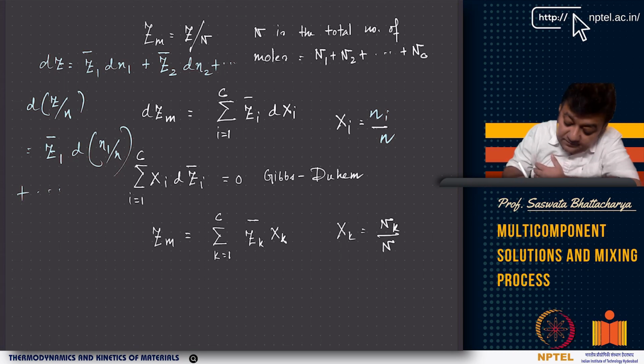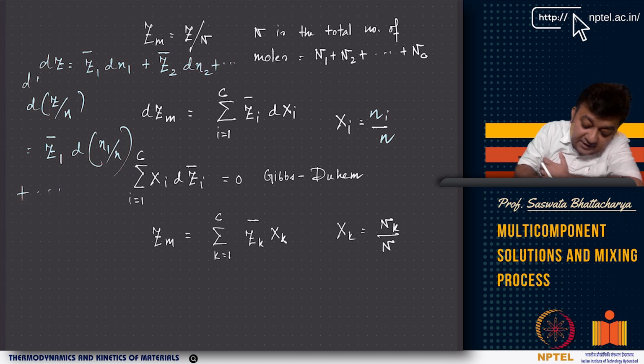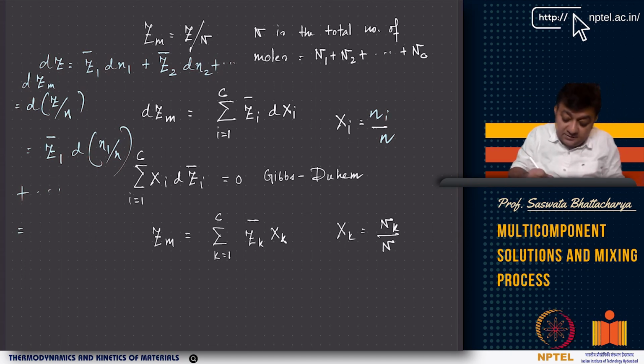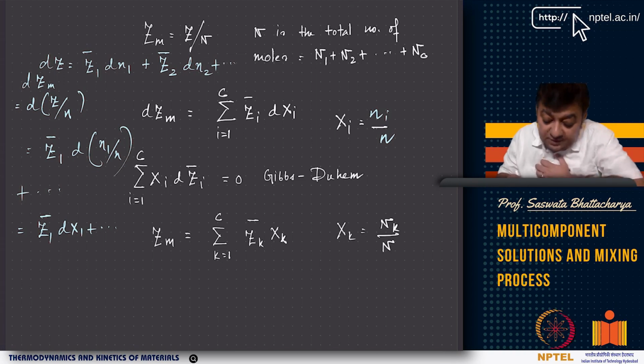So this dZ by N, or dZm, is equal to this, which is nothing but Z1 bar dx1 and so on. So Zi bar dxi is dZm, right?